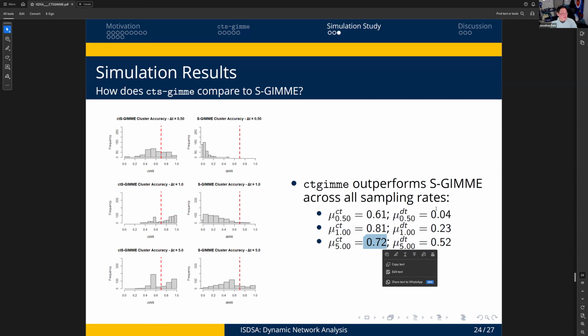By contrast, discrete time gimme has an ARI of, on average, 0, 0.23, and 0.52. So what this suggests is that the subgroup accuracy, relatively speaking, is more consistent for continuous time sgimme than it is for discrete time sgimme. So when I sample has less of an effect on continuous time gimme than it does for discrete time gimme.